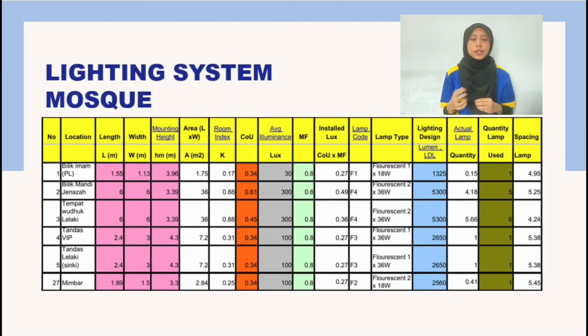For the average lux, we took from the same figure of the location and we looked at the average lux of this room. So for this room, the average lux is 30. The MF is fixed at 0.8.